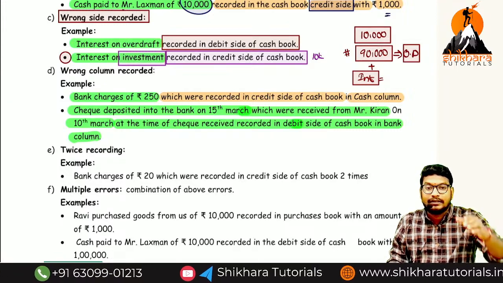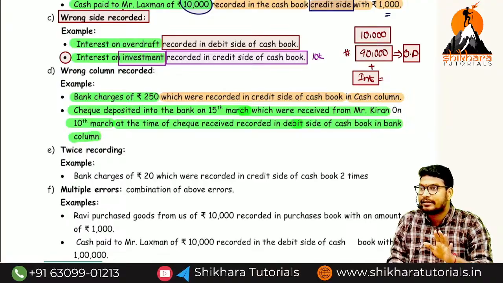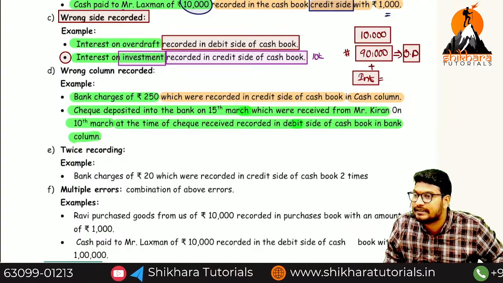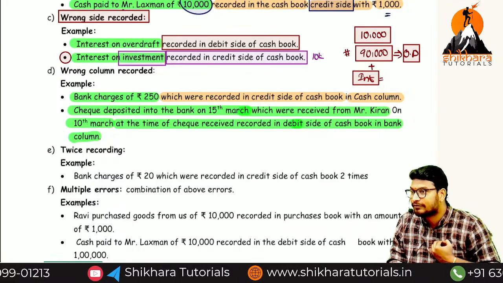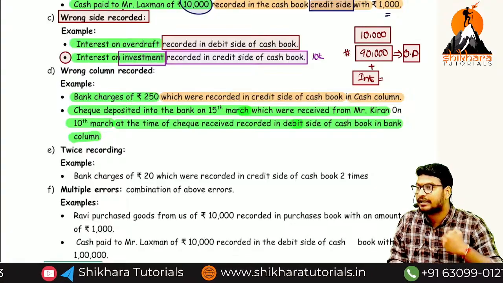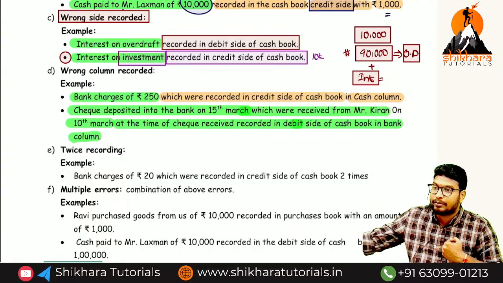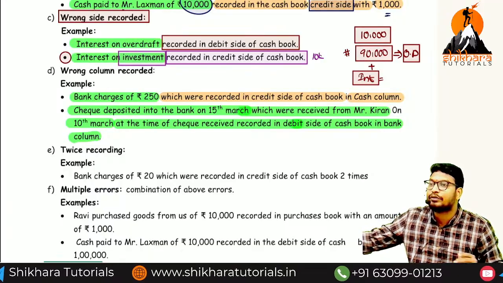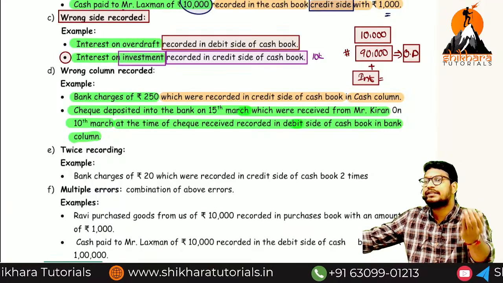The transaction is a single transaction, but here it happens over two days. One day we have received the check from the debtor, and another day we are depositing it. So chronological order means the entry is posted on two days. First we have received the check.